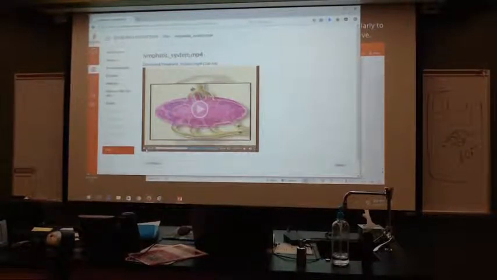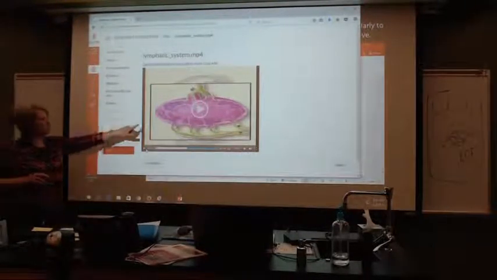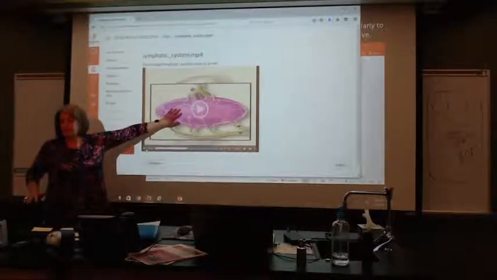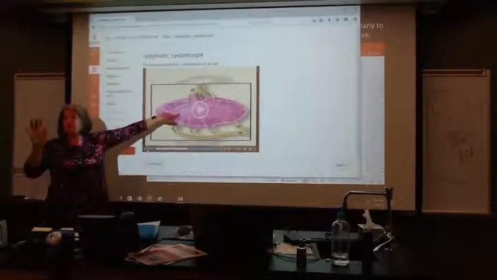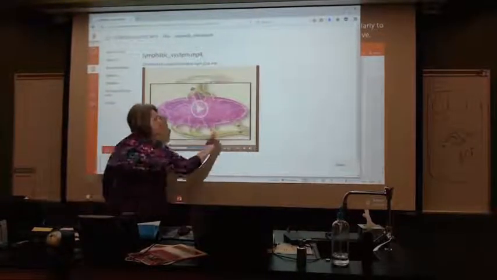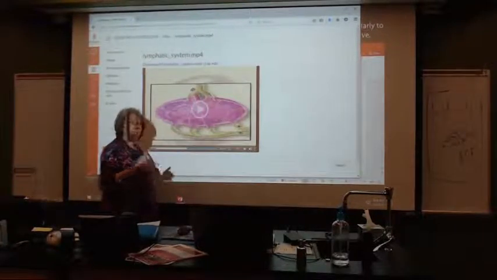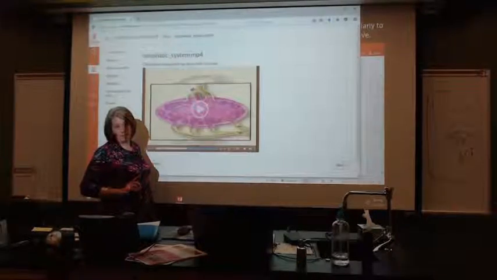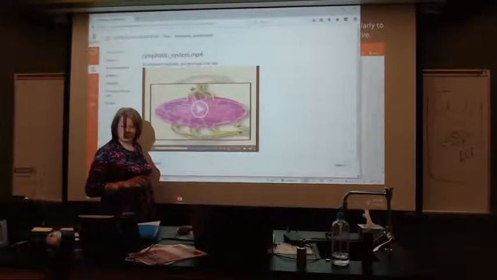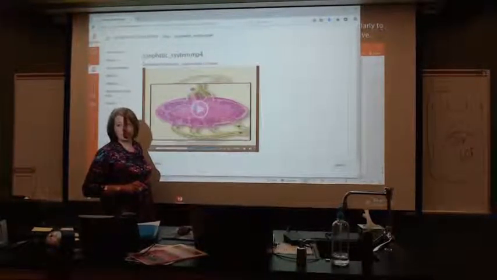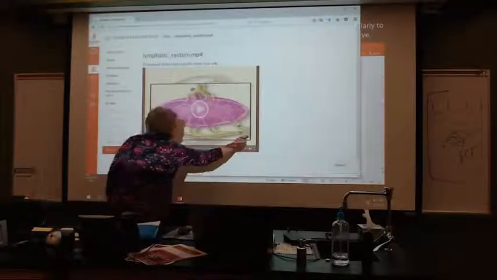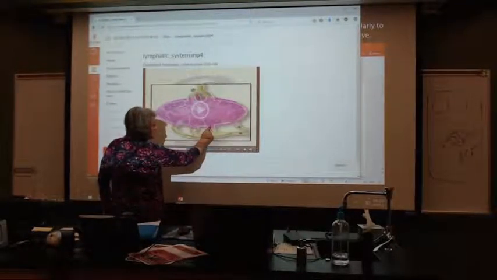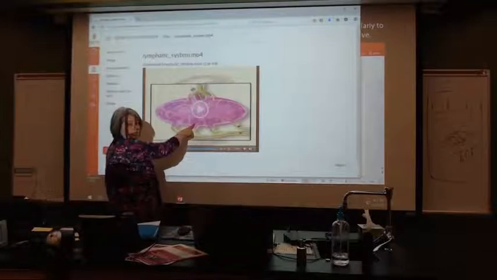So, watch what they're showing take place at the lymph node. First of all, they're showing that there is only one-way movement. So that lymph fluid that got picked up at the tissues will only flow one direction into the lymph node.